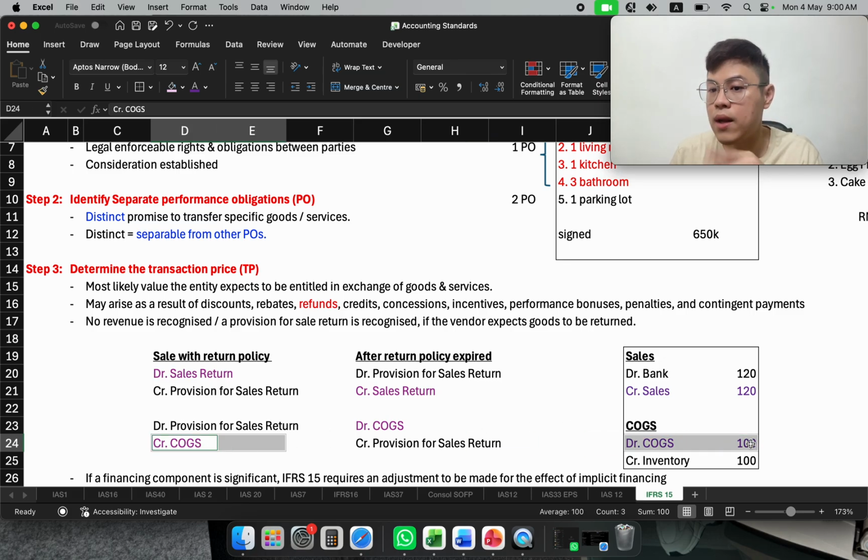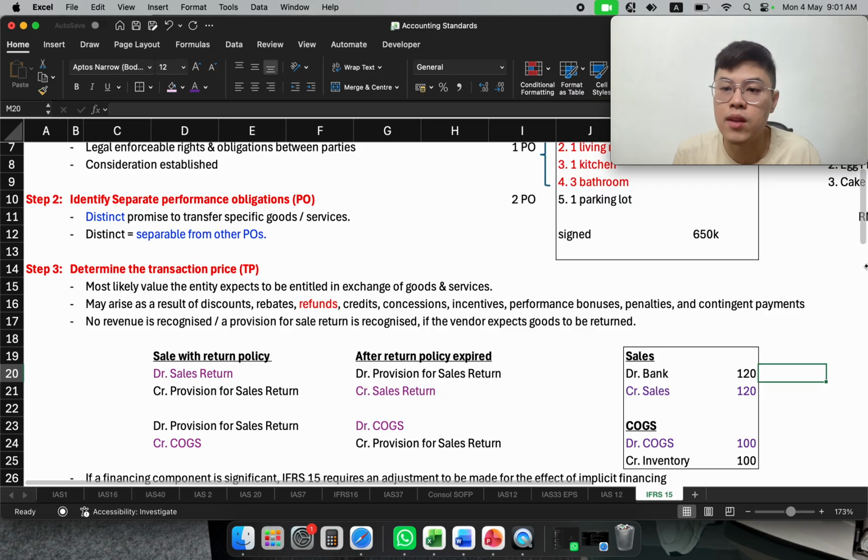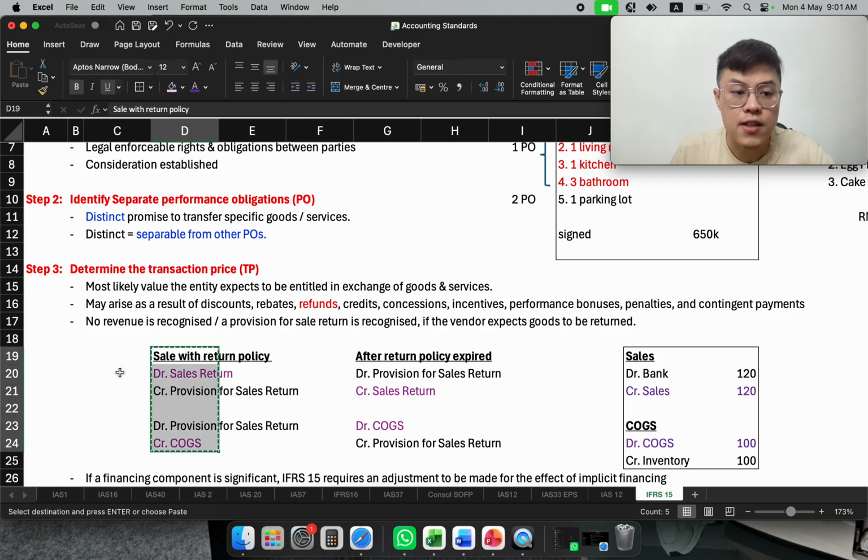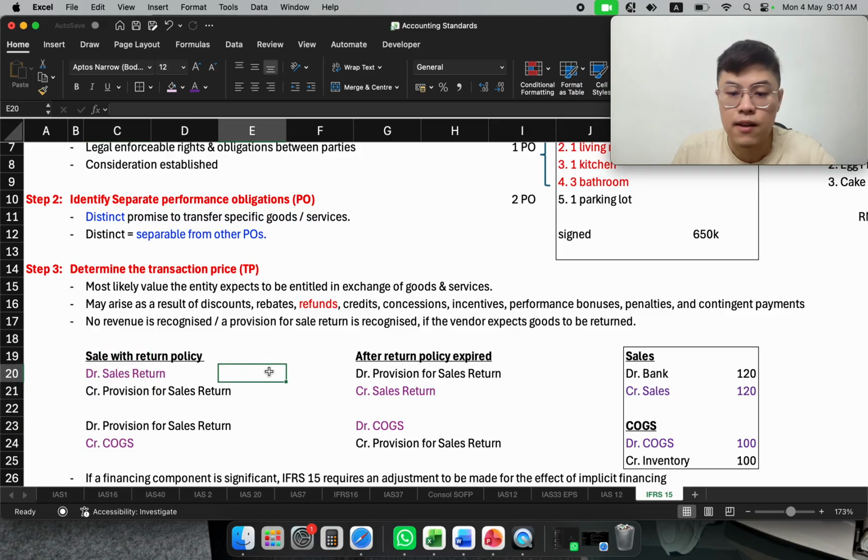Sometimes it can be the entire 100% or 120, sometimes it can be a certain percentage, meaning they can say 5% of this 120 could be returned to the customer. So you will need to take 5% of 120.